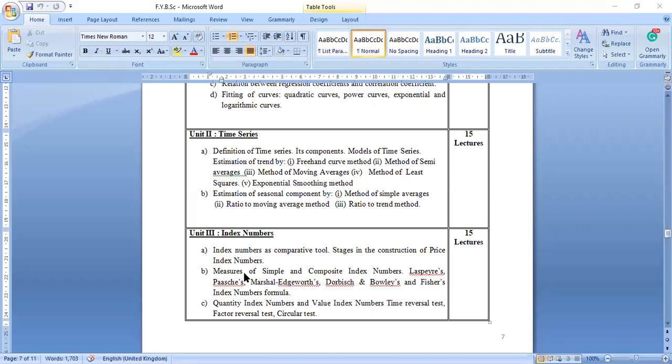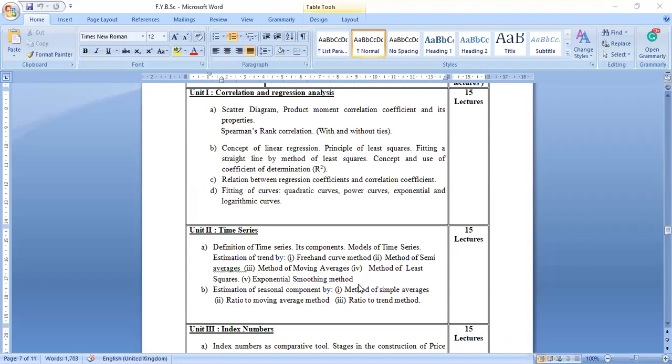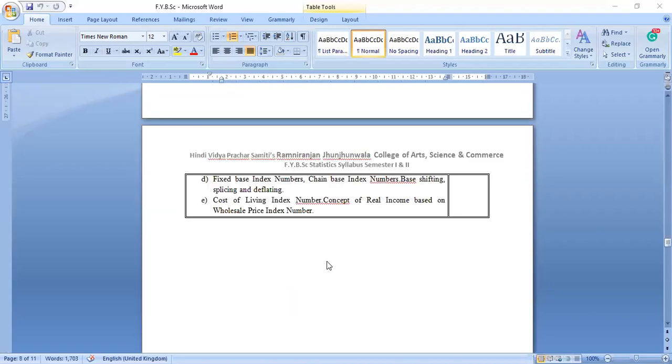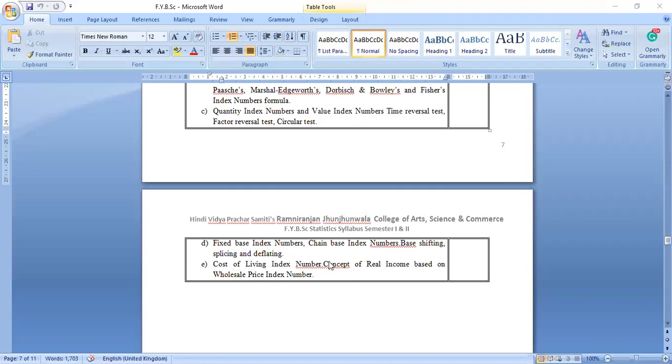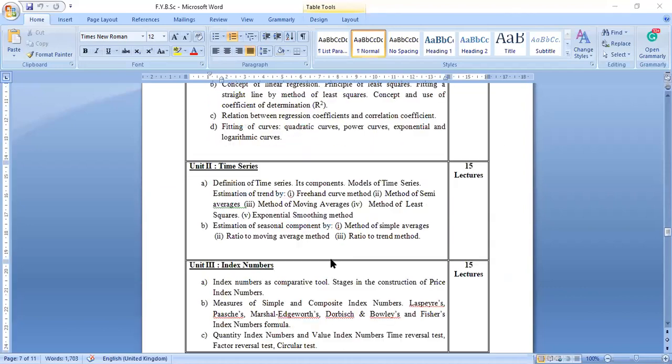That is all done under index numbers, looking at the locality, the area, and the time. Are you getting my point? So one can explore more ideas and knowledge about these topics. These are the three units, and we can share more details later on.